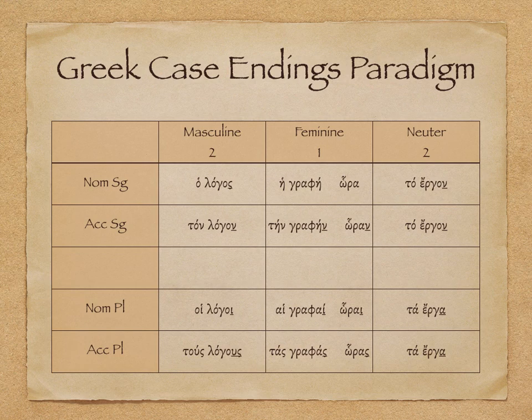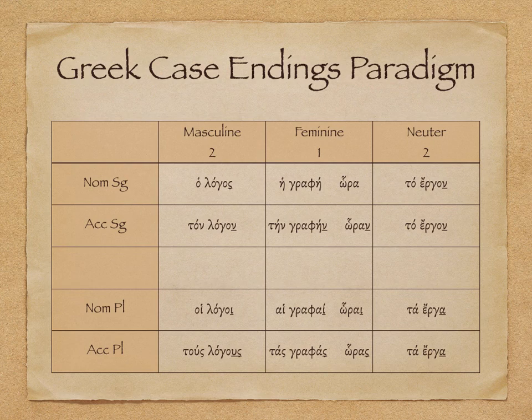And the endings. Nominative singular, if logos is the noun in view and it's nominative singular, the definite article it takes is ho. Accusative singular, it takes ton. Nominative plural takes hoi, and accusative plural tous. Do you see the patterns already?